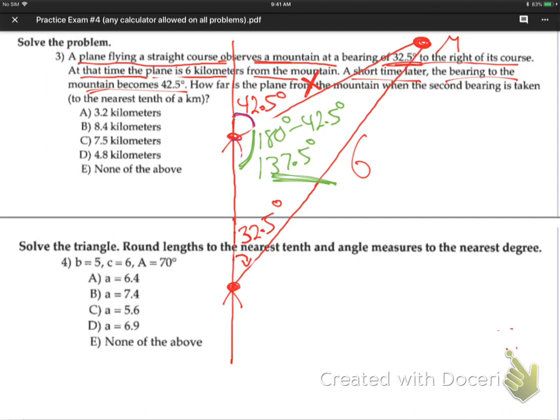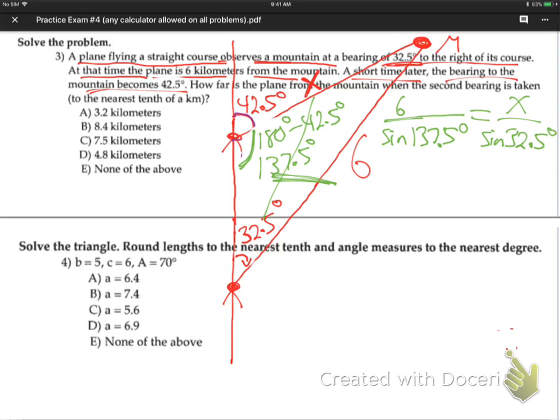Remember how law of sines goes? The side over the sine of the angle. So 6 over sine of 137.5 is x over sine of 32.5. Everybody good with that?